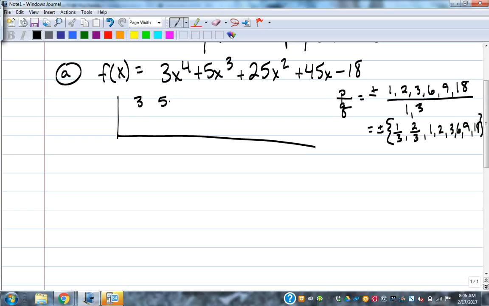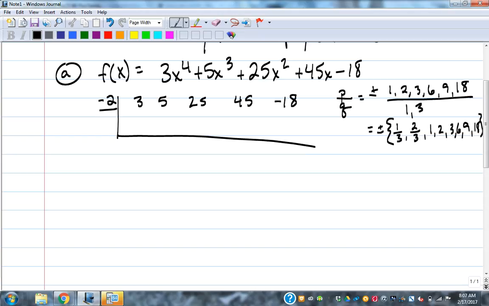So 3, 5, 25, 45, -18. Somebody has graphed that equation already. -2 is a good one. Let's start with that one. We would graph that equation and see where it's crossing the x-axis. We know -2 is in our list, and it crossed there. So you test that, you hit trace and type in -2, and it does cross there.